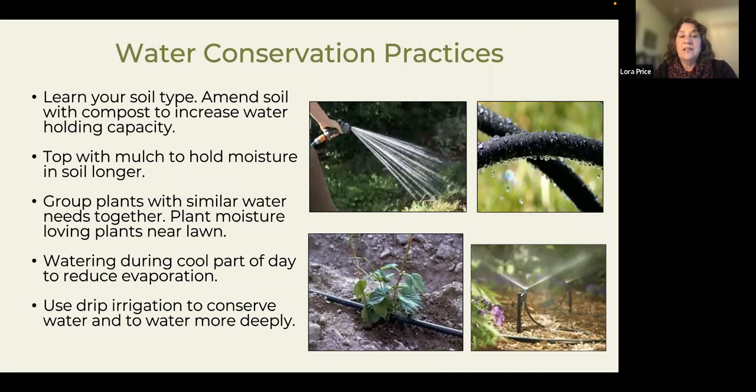But again, I get back to the soil. Know your soil type. And if there isn't much organic matter in it, if it seems pretty hard and compacted, you want to be working a lot of compost into that soil for several reasons. That's what feeds the soil life, all of the microbes and earthworms, etc. And it in itself helps to increase the water holding capacity.